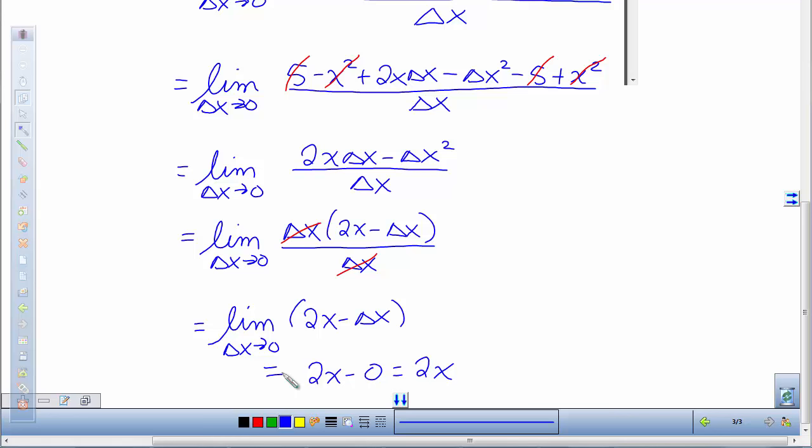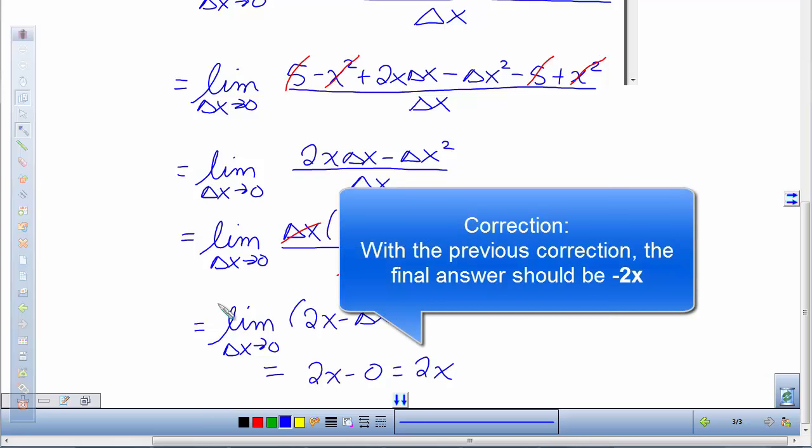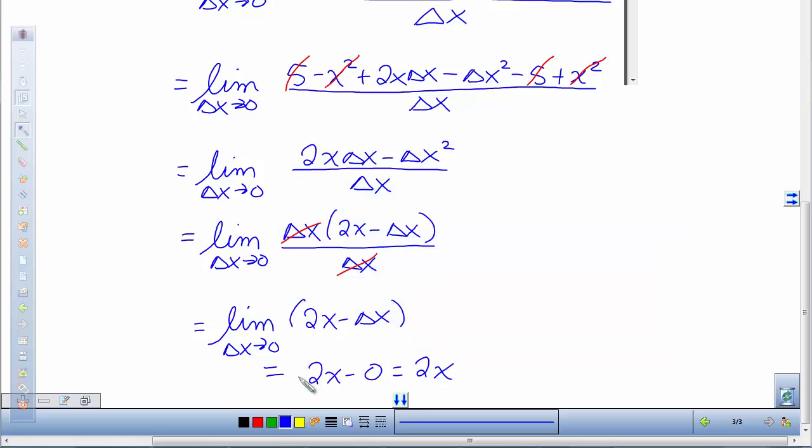Okay, notice here that I've carried my limit notation all the way through until I was ready to plug in. Once we plug in, then we can drop our limit notation, or if we find the limit in some other way, we can drop the limit notation. But we don't just carelessly discard that limit notation. We need that all the way through.